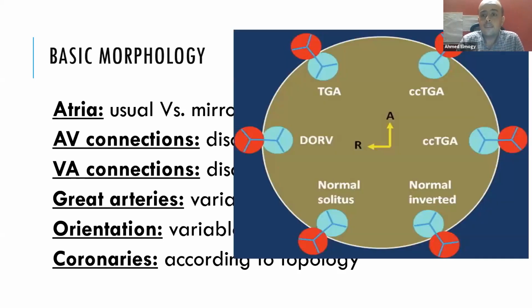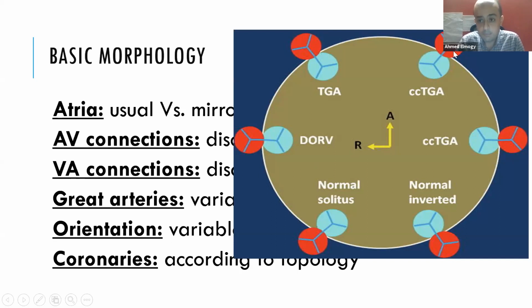Here is a picture of a CT heart with the coronaries, where you see the patient from his foot. As we know, usually the pulmonary artery in the normal situs is anterior and to the left, and the aorta is posterior and to the right. In TGA, the aorta is usually anterior and to the right of the pulmonary artery. However, in congenitally corrected TGA, the aorta is usually on the left side and anterior to the pulmonary artery.